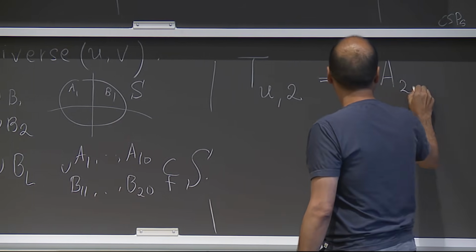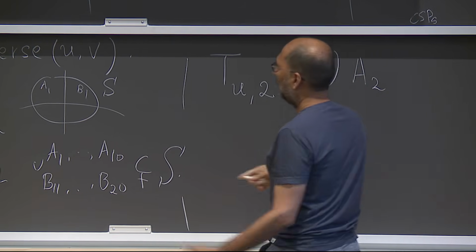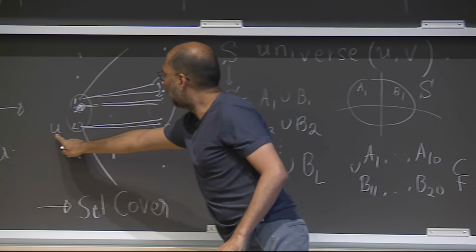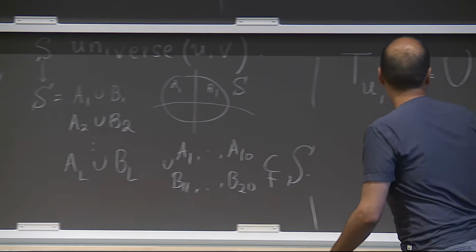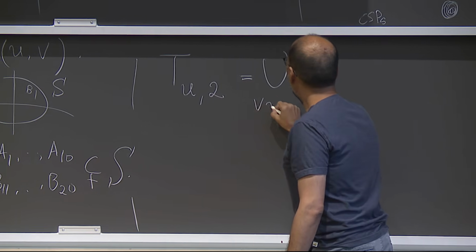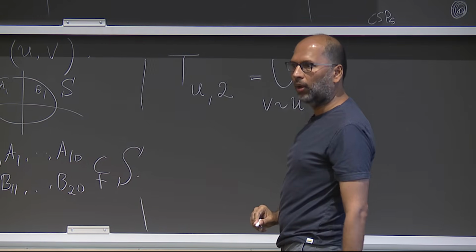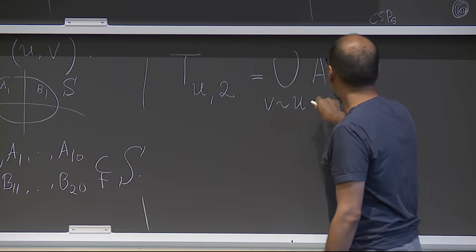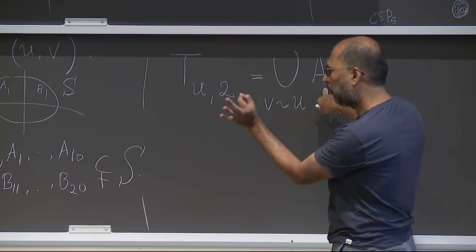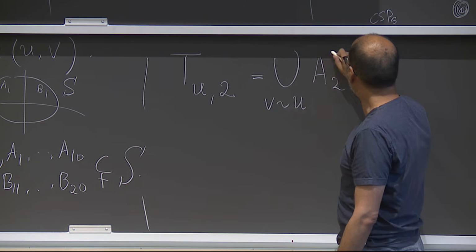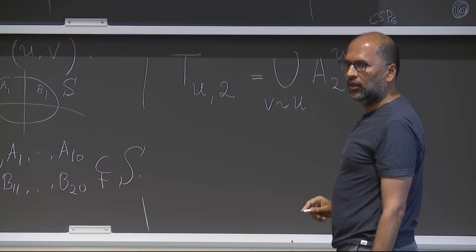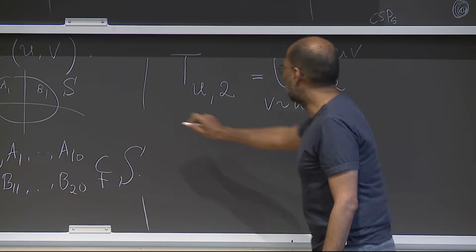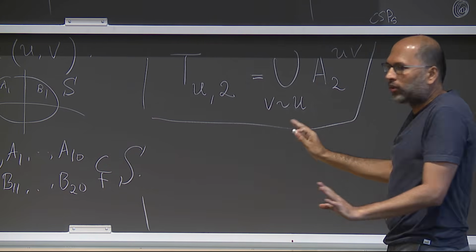A2. But then you take the union of this over all edges in which the vertex U participates in the label cover instance. So this is a union over all V which are neighbors of U in the label cover instance, right? And this particular set is called A2, but it's specific to that edge. So you could superscript it by that edge just to indicate that dependence, okay?